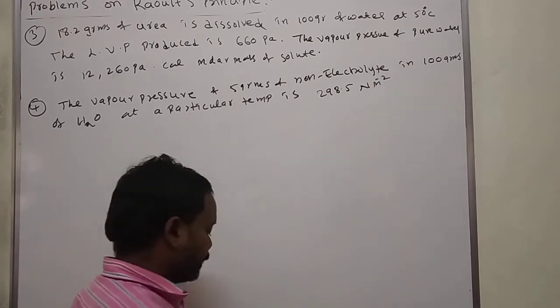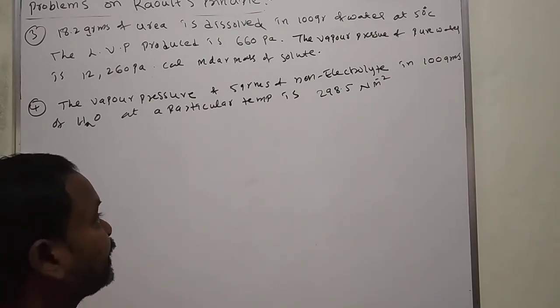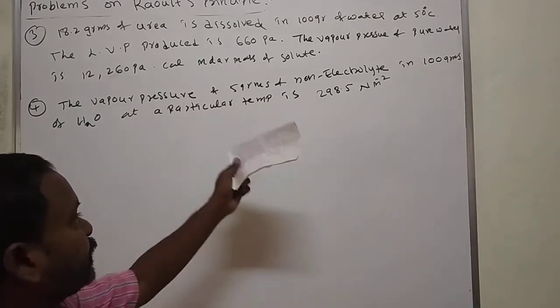This is what? N means Newton per square. 1 Pascal is equal to Newton per square meter.